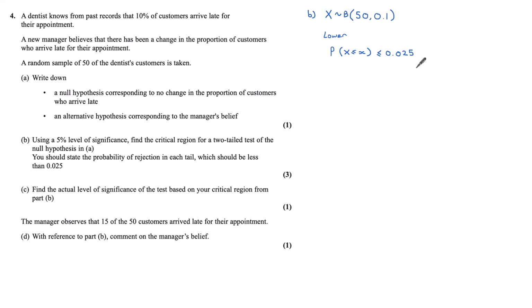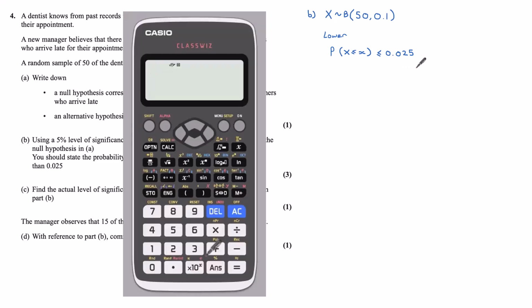So we'll look for this on our calculator. So we want to find the value in this binomial distribution that gives us an answer or a probability less than 0.025. So let's go into our statistics mode, number 7, and let's go down to our binomial cumulative distribution, which is number 1, and we're entering our variables.